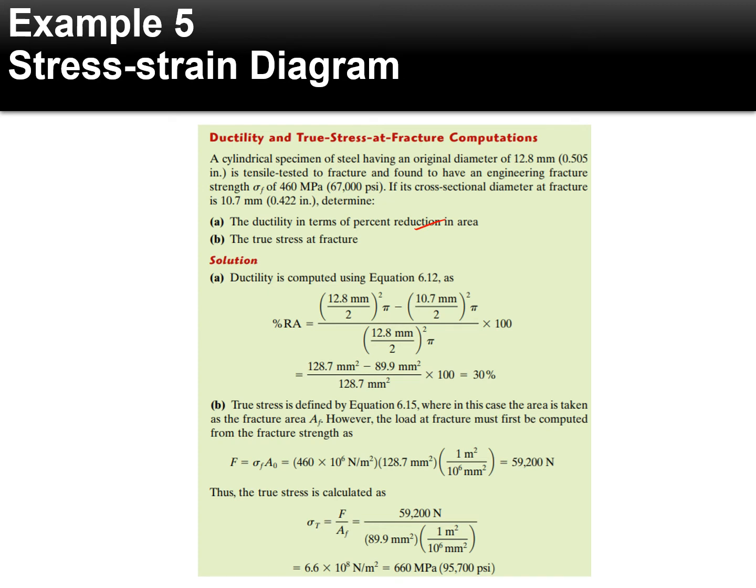Here we know that the ductility can be computed using the equation given before, where the reduction in area is the original area minus the area after failure, divided by the original area. Then you will obtain 30%. In this case we cannot define it yet because we need to do a comparison.